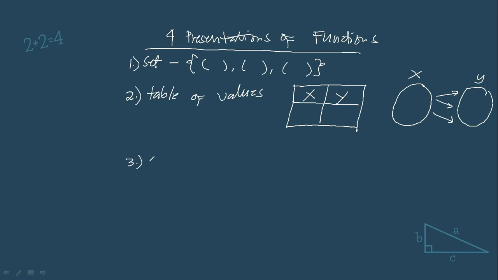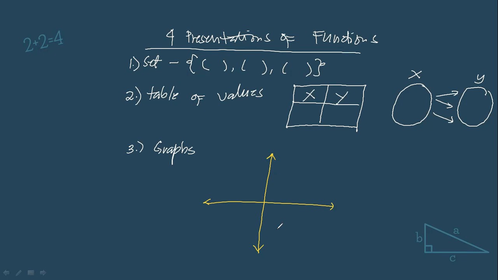And number 3 po, we also have the graph. So for example, my dear students, we have here the Cartesian coordinate system. At kung maalala nyo, di ba, ang mga set of points po, kapag connect po natin sa Cartesian coordinate system, nagkakaroon po sila ng graph.